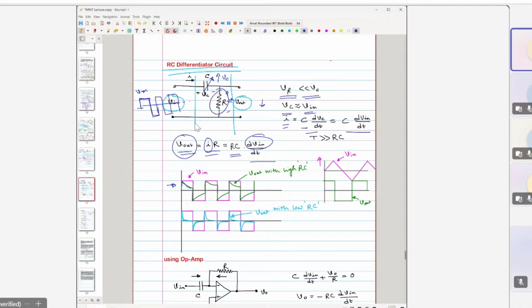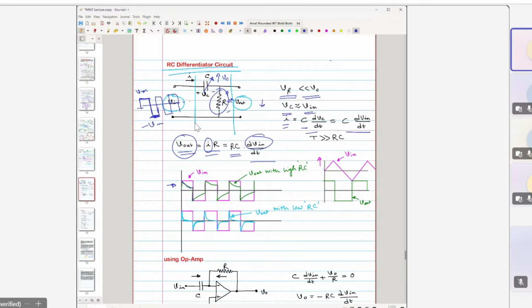So when the input toggles, then what is going to happen? Now you have connected a source of minus Vm with this. So the capacitor again behaves as a short circuit, because it is very high frequency, right, at these edges, all sharp transitions. You can see this current depends on dVin by dt.